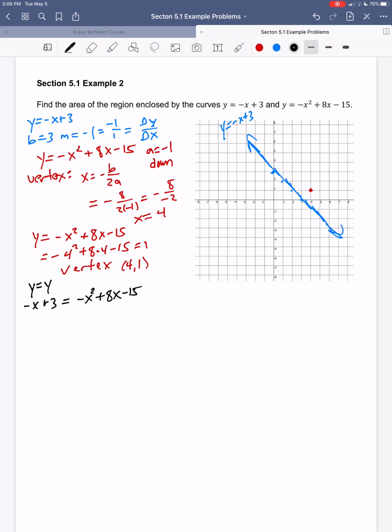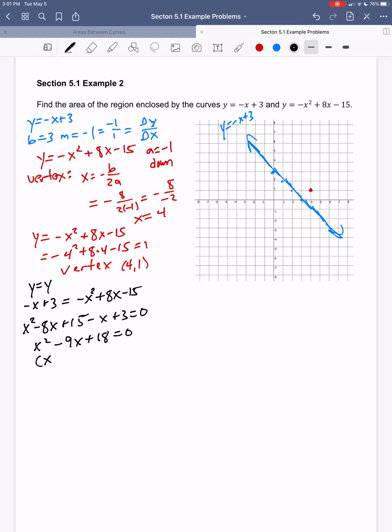And if I move stuff over, if I add x squared to both sides, subtract 8x, add 15, keep the minus x and the plus 3, that's all then equal to 0. So I get x squared minus 9x plus 18 equals 0.